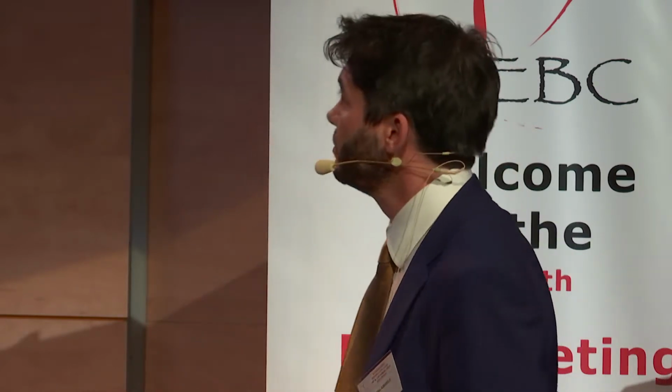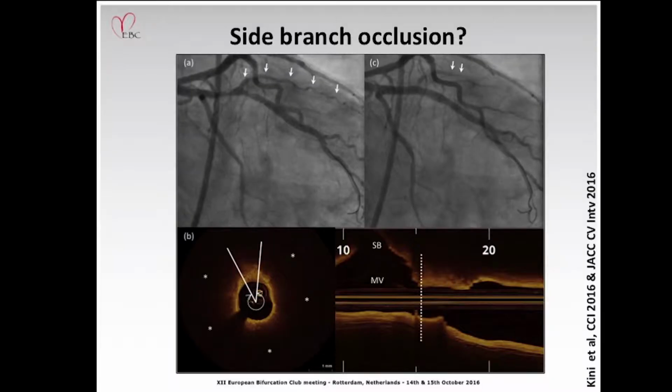But OCT can provide new information by analyzing the vessel before starting, because now we can access the type of the plaque. Here you have an example of a lipid-rich plaque. We can also analyze the position of the plaque compared with the side branch ostium and see if there is a contralateral distribution to the side branch ostium. And with the longitudinal analysis, we are also able to analyze the angle.